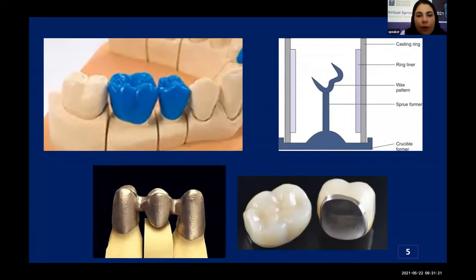Wax up for the restoration is done, casting and investing are done, metal framework try-in and porcelain try-in are done, and in the last clinical step, delivery and cementation are done.